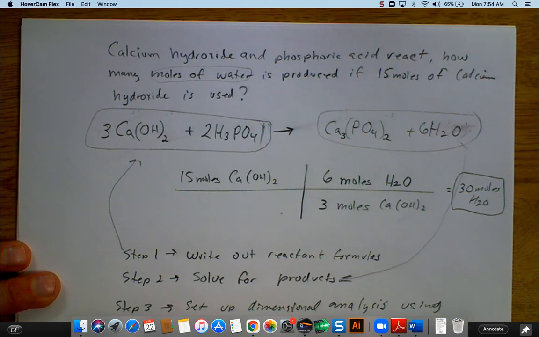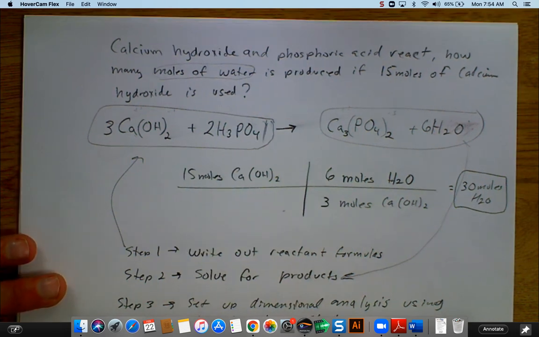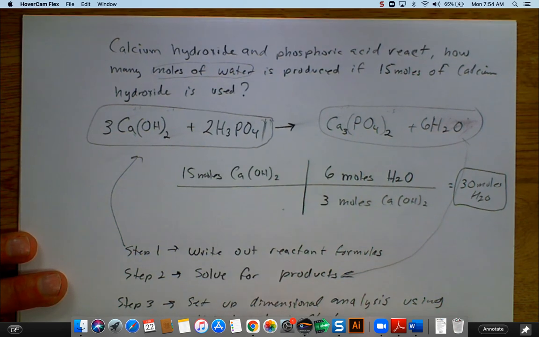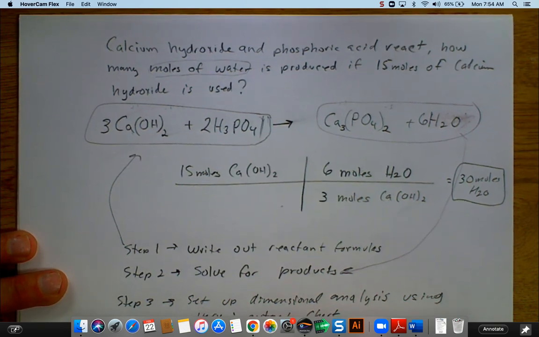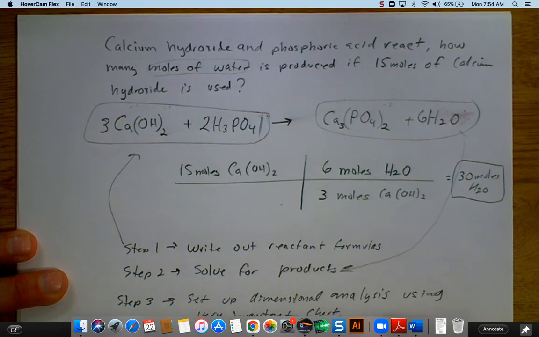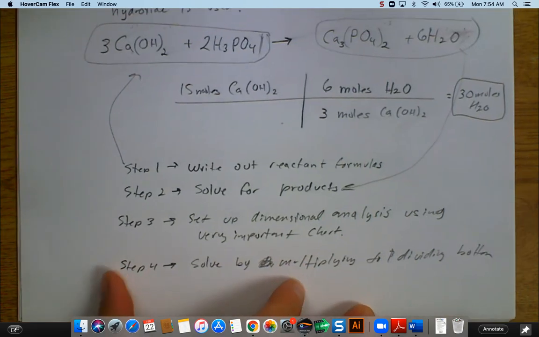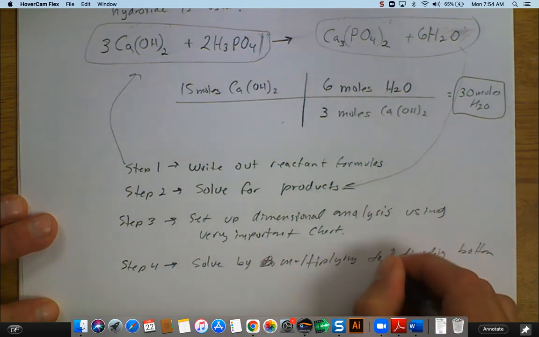And then step 4 is to solve by multiplying the top and dividing the bottom. There you go. So right there is solved by multiplying the top and dividing the bottom.